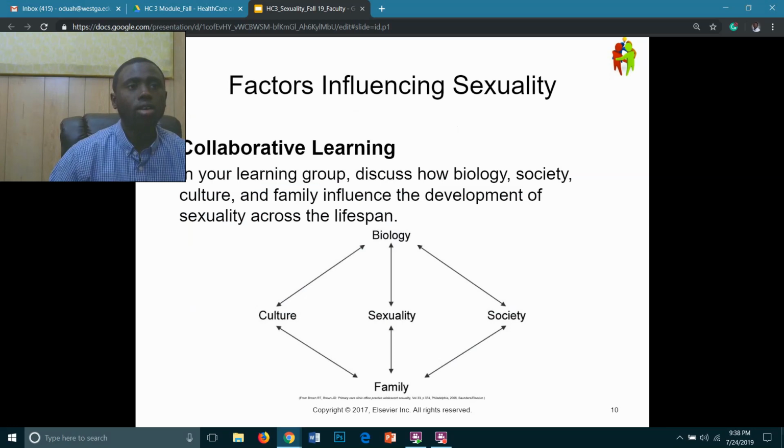In older adults, they may also experience some decreases in libido, and that may affect their sexual pleasure and their overall sexual activity. However, we should know that older adults, such as those older than 55, can still engage in sexual activity.